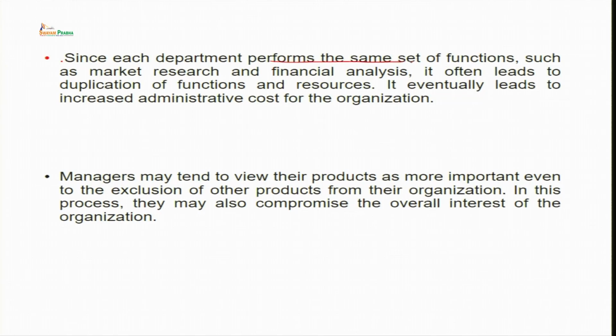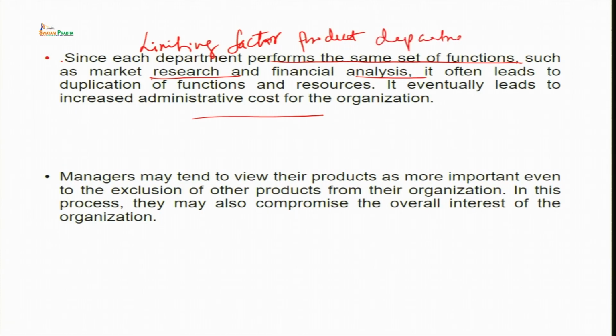Also, since each department performs the same set of functions such as market research and financial analysis, it often leads to duplication of functions and resources, and it eventually leads to increased administrative cost of the organization. Now, this can be a limiting factor for the product departmentalization, that it enhances the administrative cost.